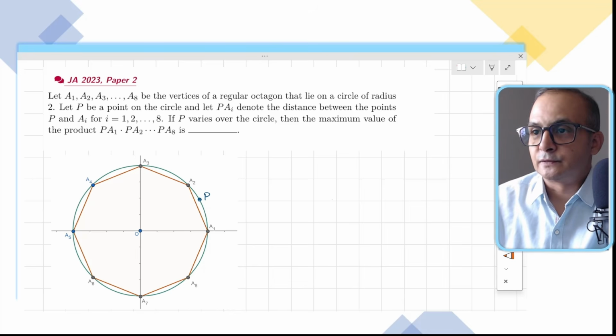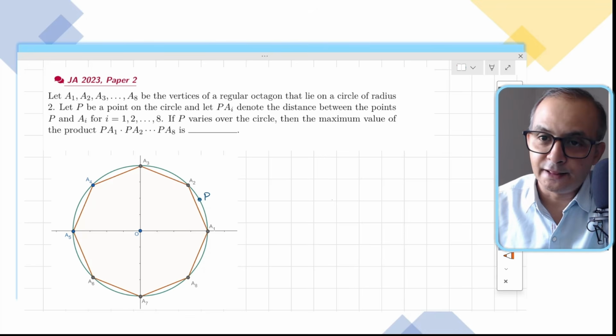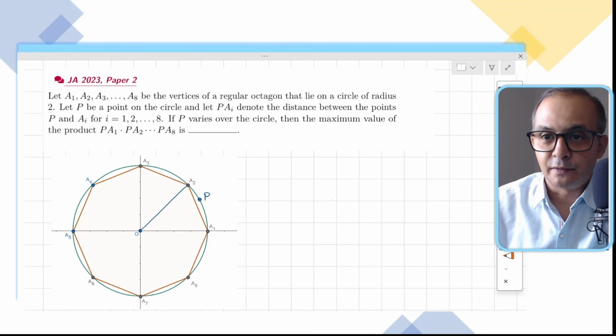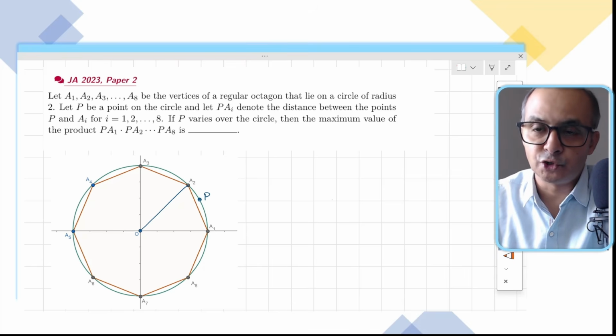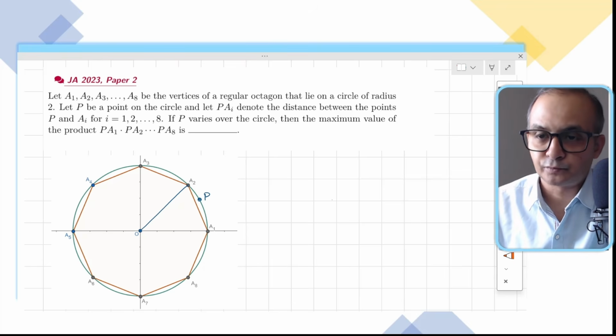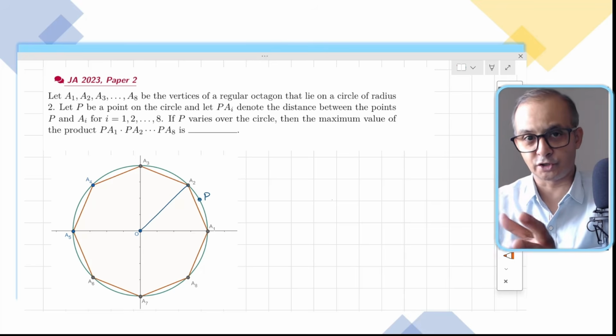Now notice one thing: if I join O to A2 or any of these, that will give you equal lengths because the radius is given as 2 for the circle. Also notice this is an octagon.